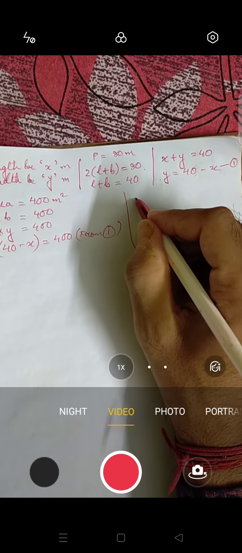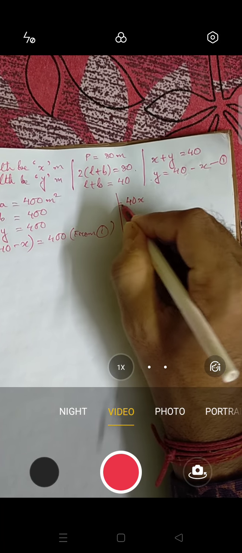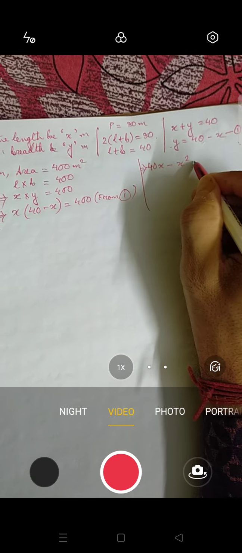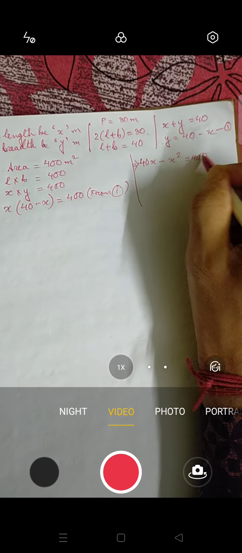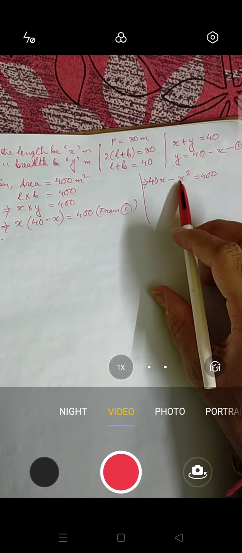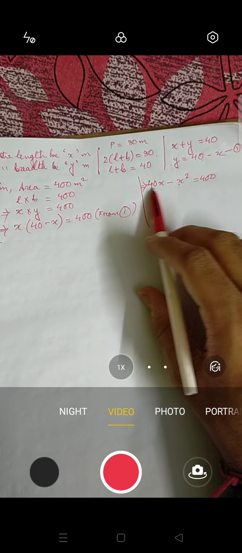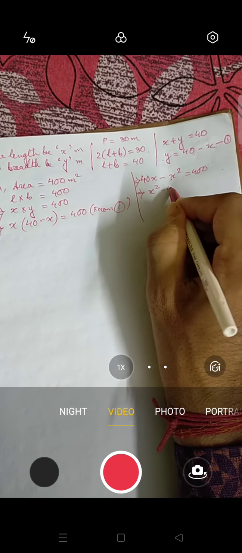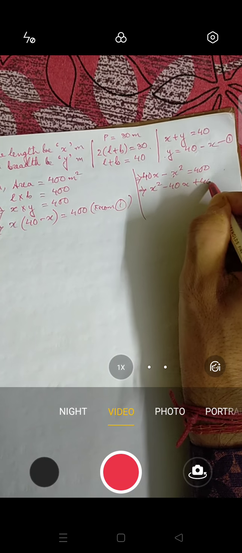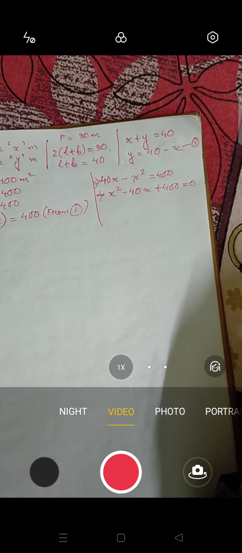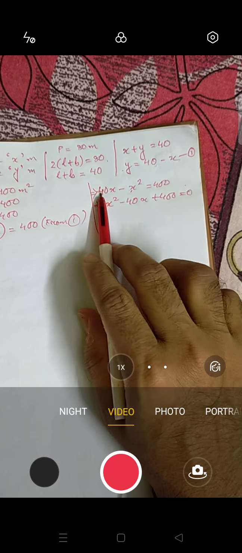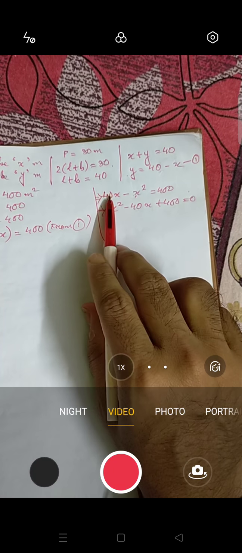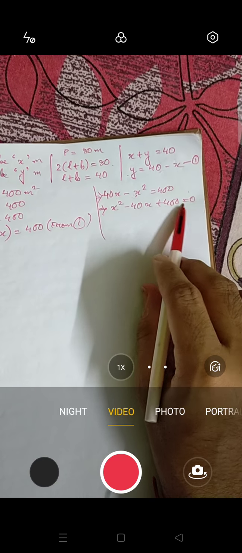So we will write 40x minus x square equals 400. I told you that the square term should always be positive, so I'll transfer these to that side and write in standard form: x square minus 40x plus 400 equals 0.